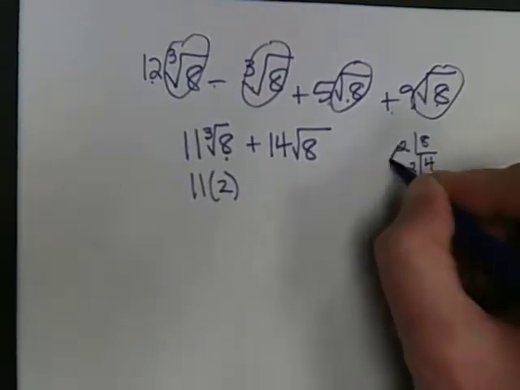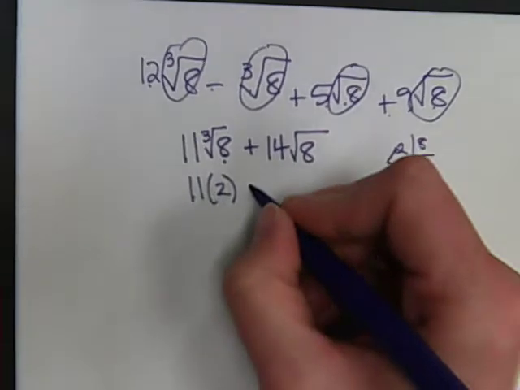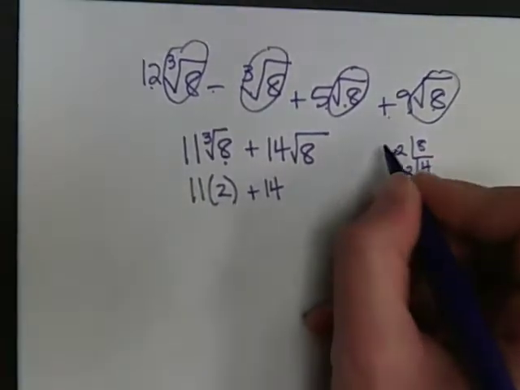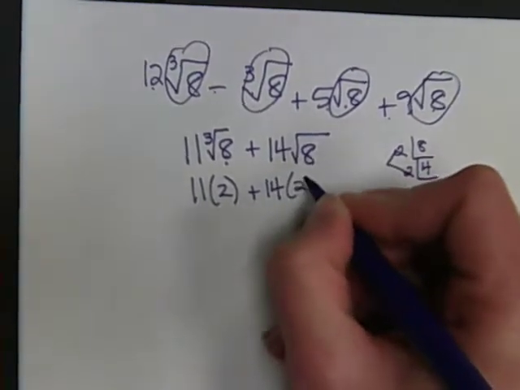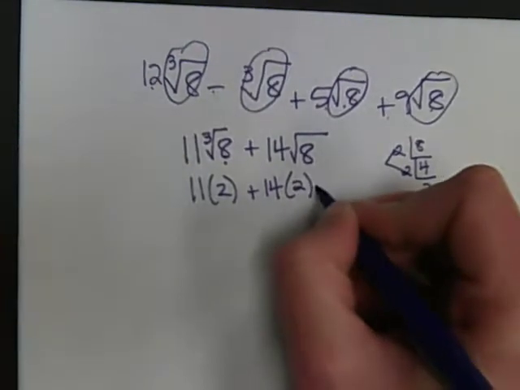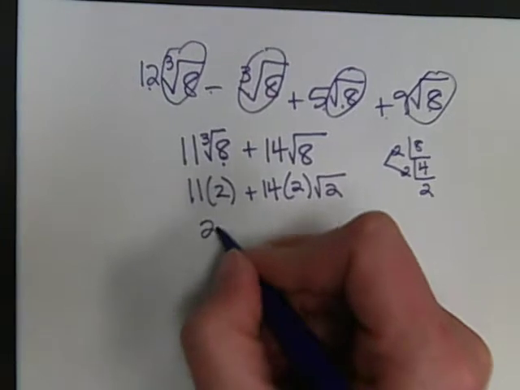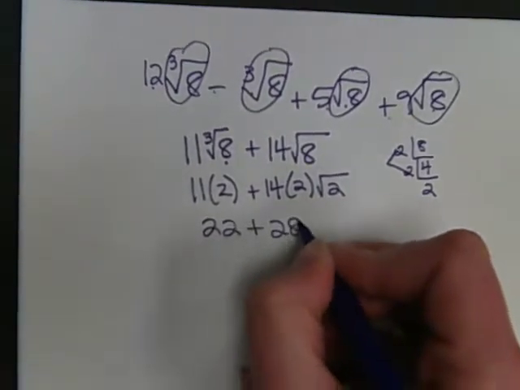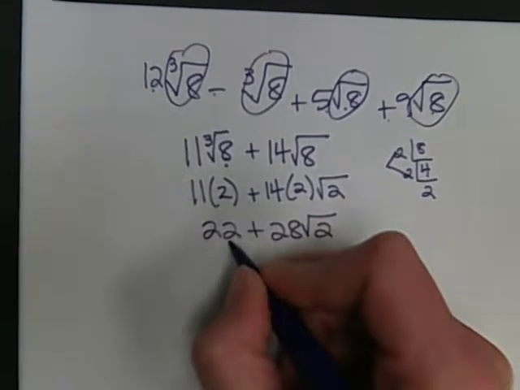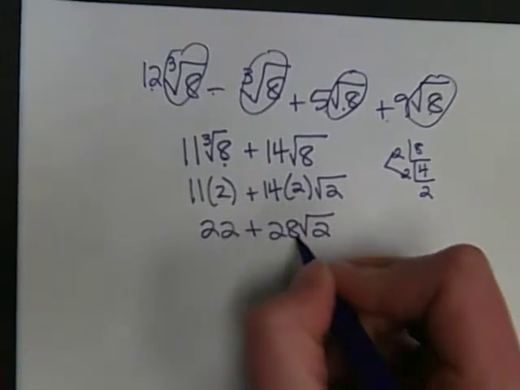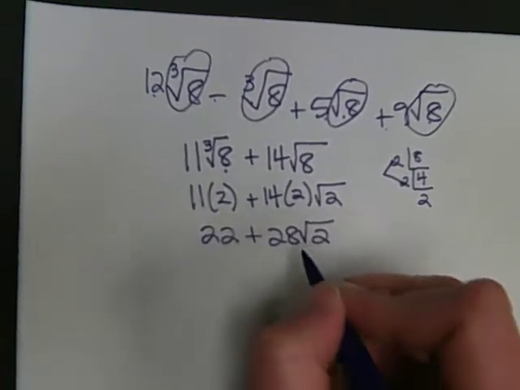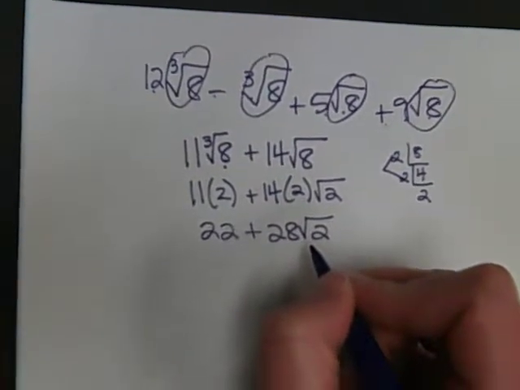It's a square root, so I want partners. So that would be 14, but then this makes 2 square root of 2. So then I could clean that up even further. 22 plus 28 square root of 2. Again, these cannot be added because he's hooked to this guy. He's saying there are 28 square root of 2's there.